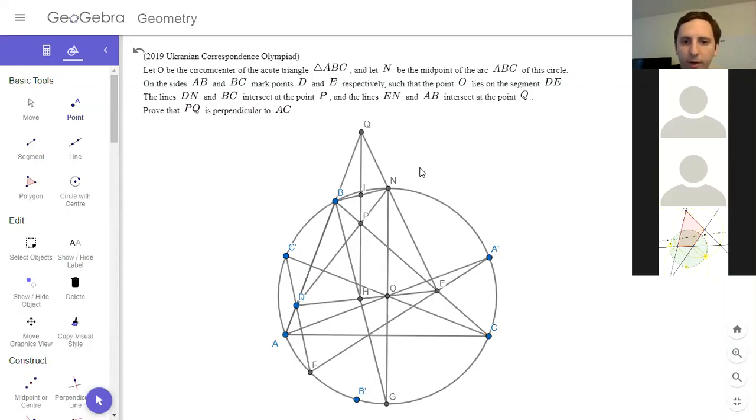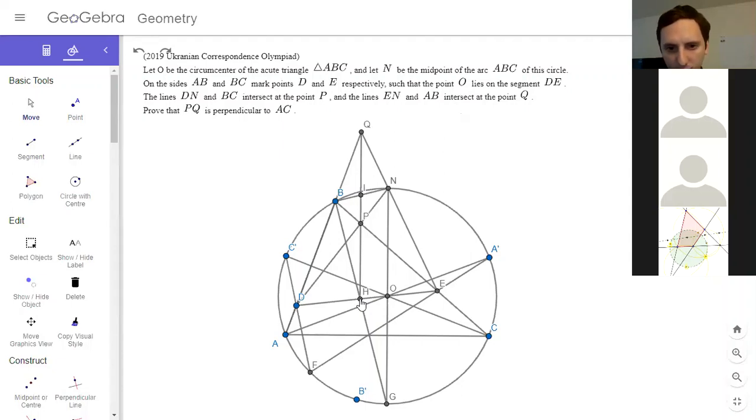Okay, so we know N, C, G, and A are harmonic, right? Yeah, product of opposite sides is the same. So then how did you get that Q, P, and H are collinear? We can define H' to be the intersection of QP with DE, and then project this to the circle.